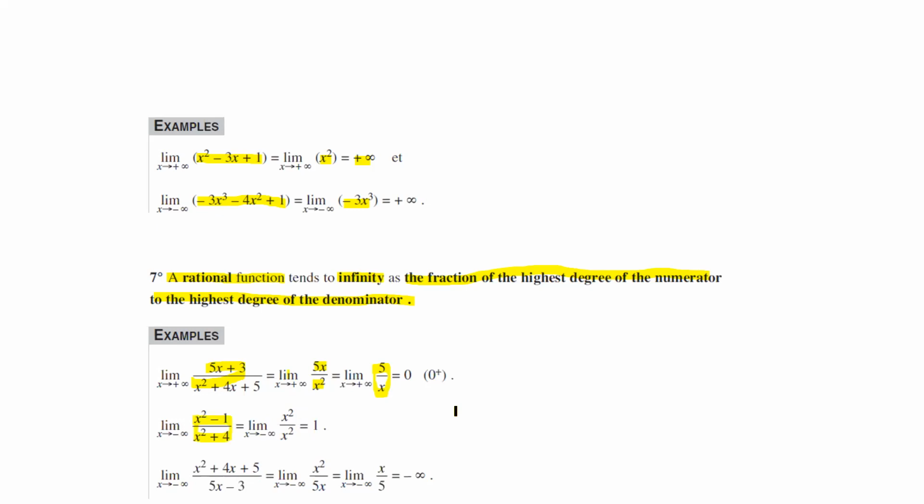Clear? Yes. The third example, this is also a rational function. The highest degree of the numerator is x squared. The highest degree of the denominator is 5x. You simplify: x over 5, minus infinity over 5, we will get minus infinity.